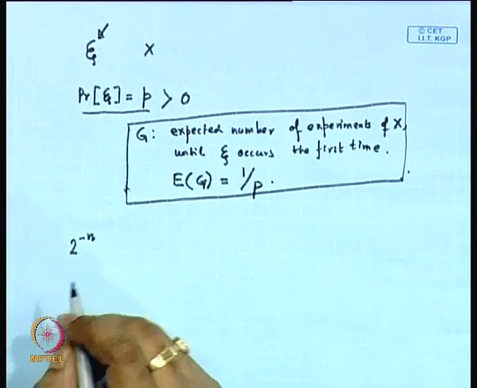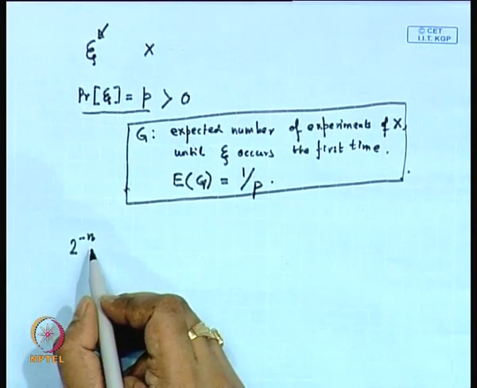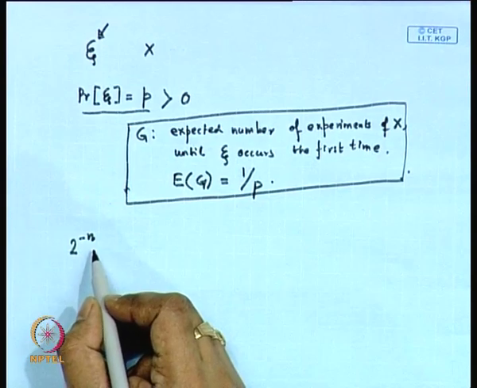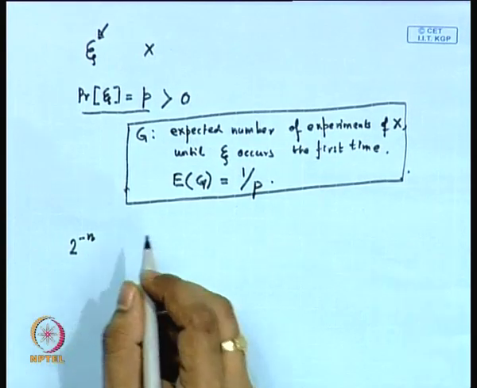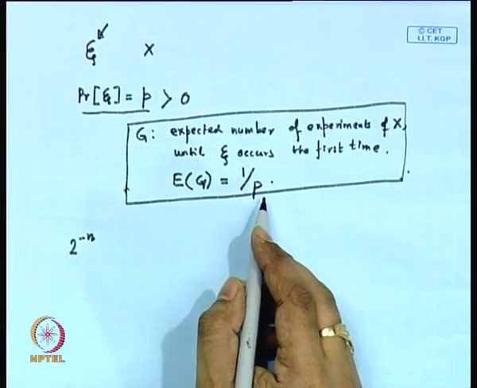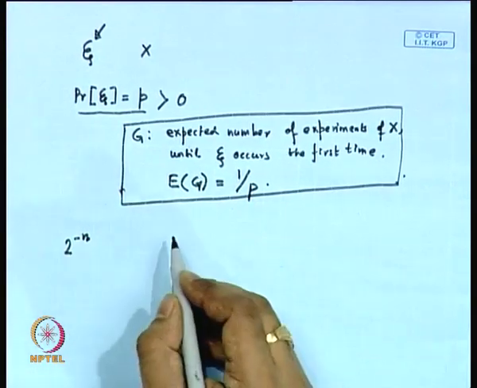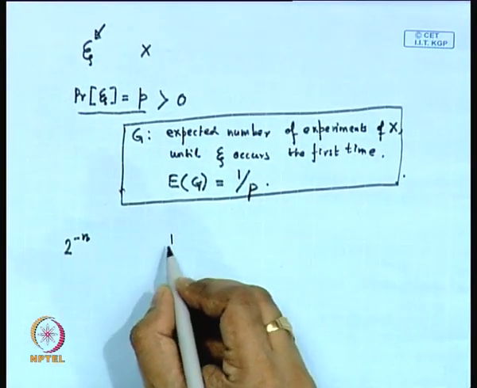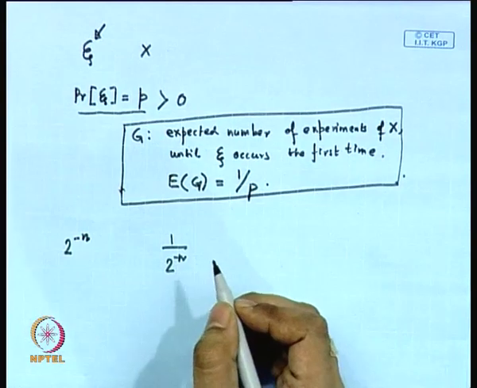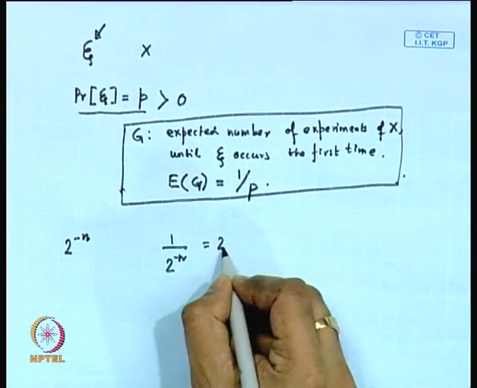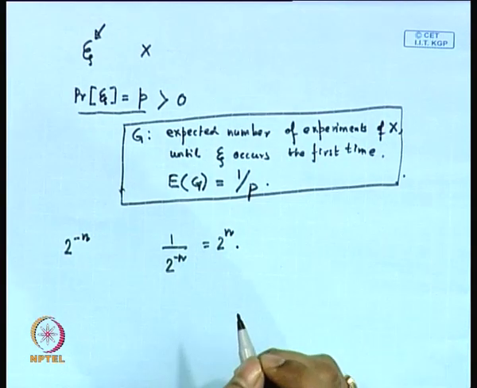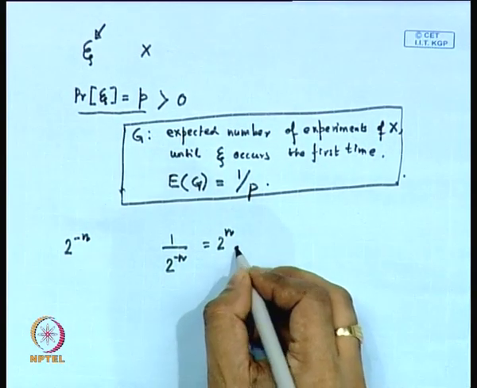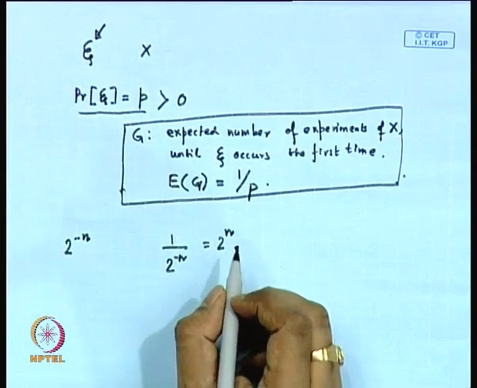Then this result indicates that if I repeat the attack 1 by 2 to the power of minus n times, that is 2 to the power of n times, then I should get the attack working at least once. That is, after 2 to the power of n operations I should get the attack to work.